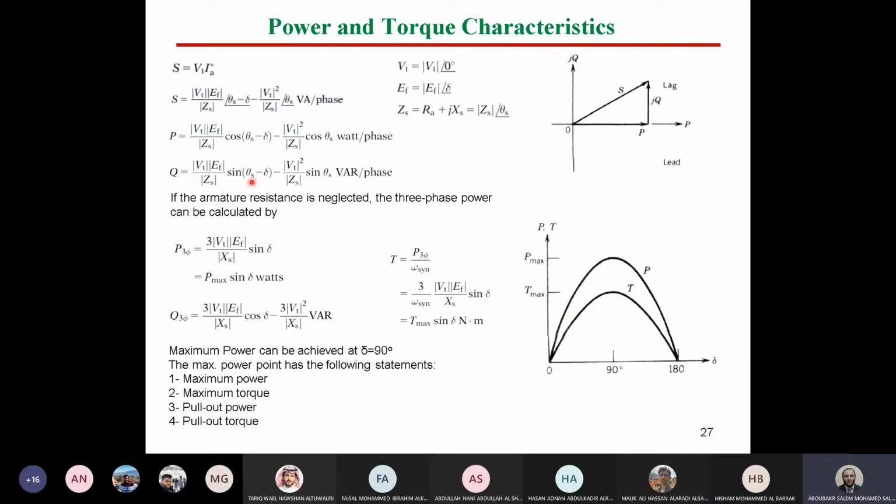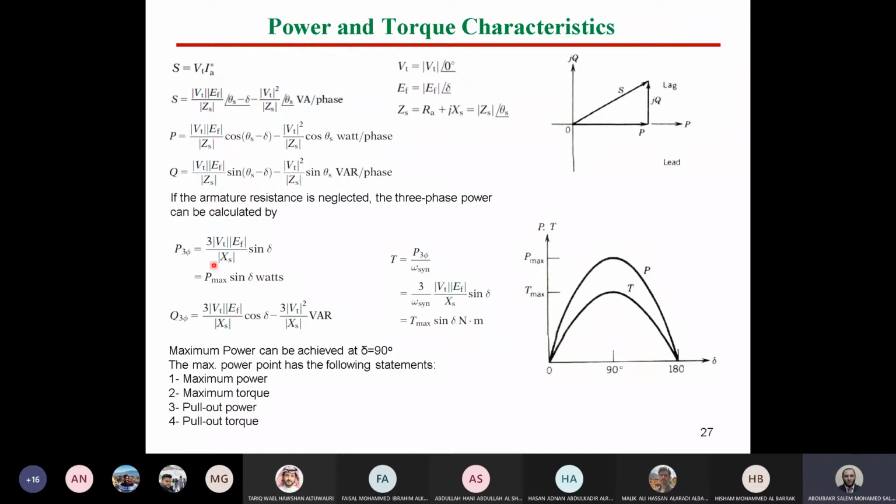Theta S is the angle of the internal impedance of the synchronous generator, not the power factor, sorry. Theta S is the angle of the impedance, which is RA plus jXS. If we neglect the resistance RA, the impedance will be jXS and theta will be 90 degrees.